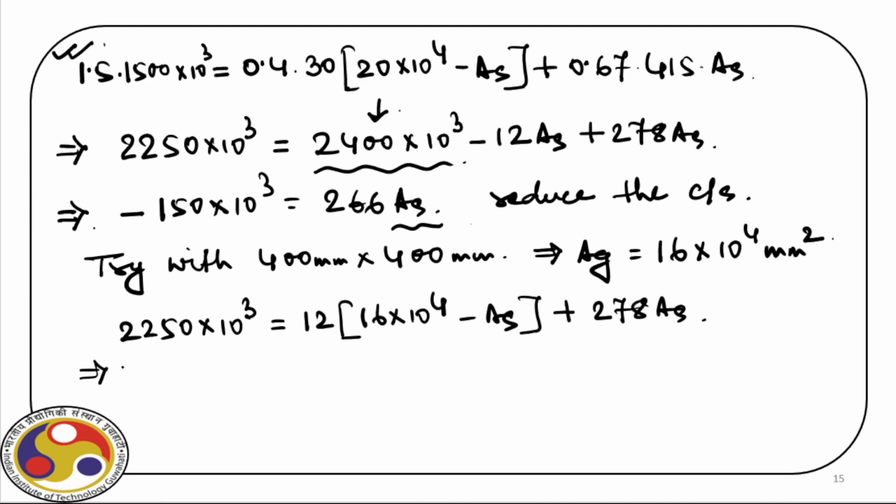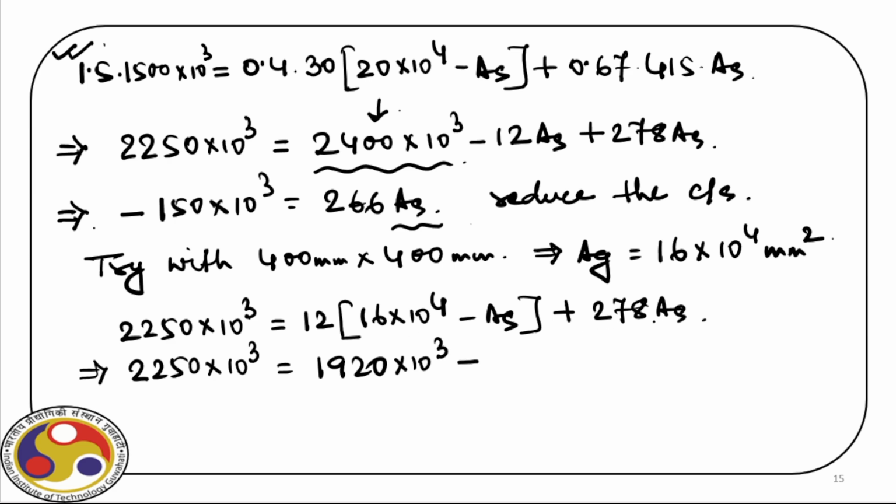So this time we have 2250 into 10 to the power 3 is equal to, the first term will be 16 times 12. So here we'll have 1920 into 10 to the power 3.